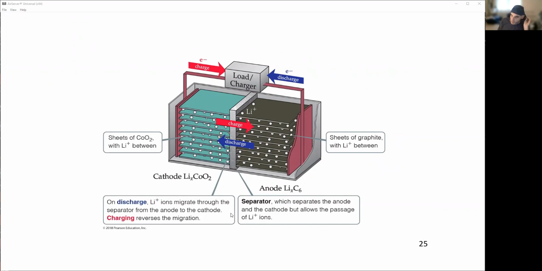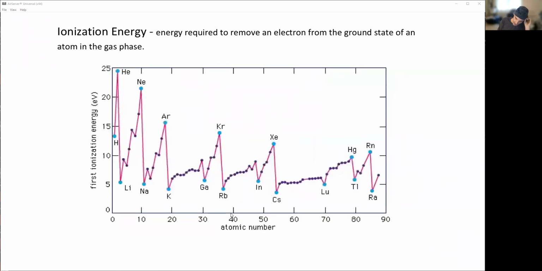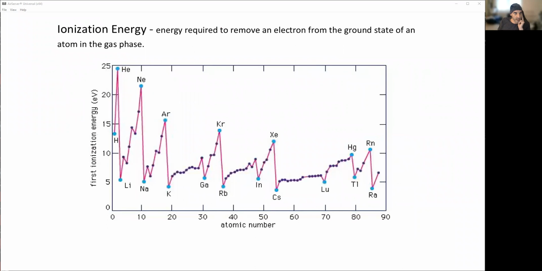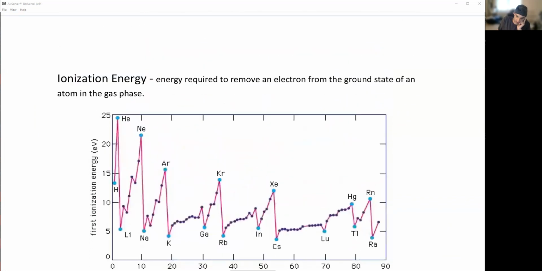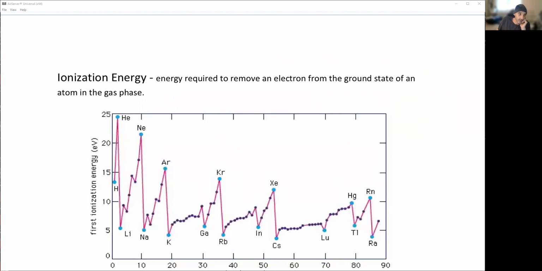All right, moving on to ionization energy. I think I am probably going to do ionization energy in class along with electron affinity. Well, no, I guess I'll do it right now. Ionization energy is the energy required to create an ion.